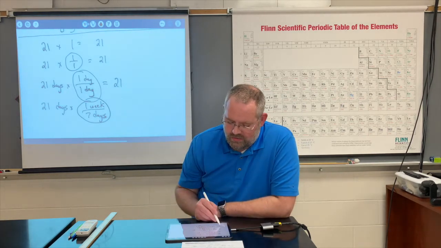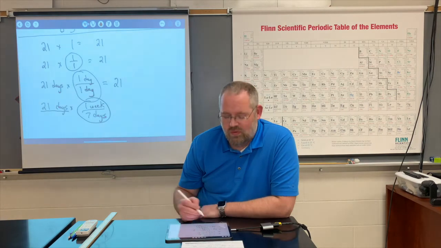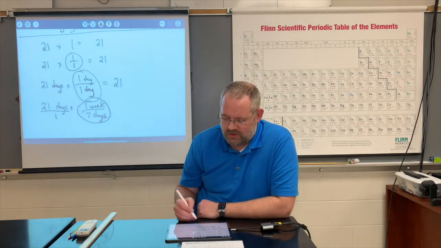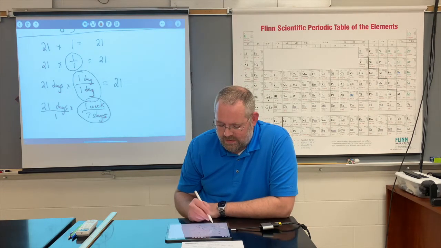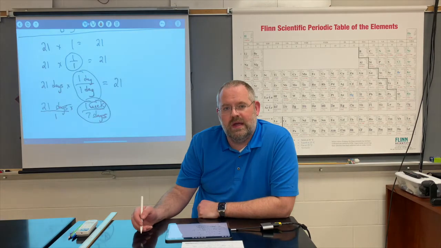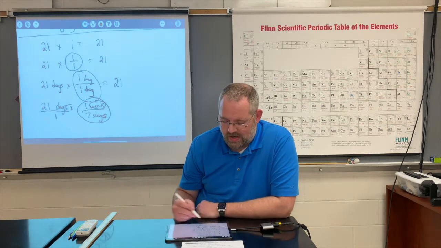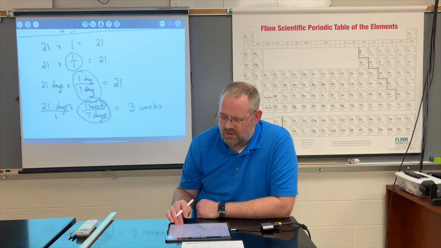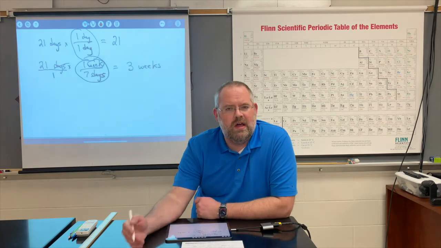So you have to remember that the 21 is understood to be over 1. It's a numerator. So my units, I have days cancel out and I'm left with weeks as a unit. So I have 21 divided by 7 to give me 3 weeks. Well, that seems a little odd.